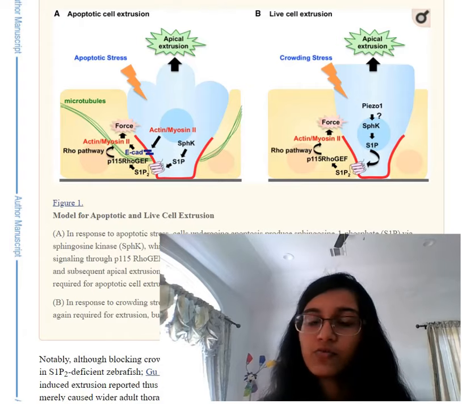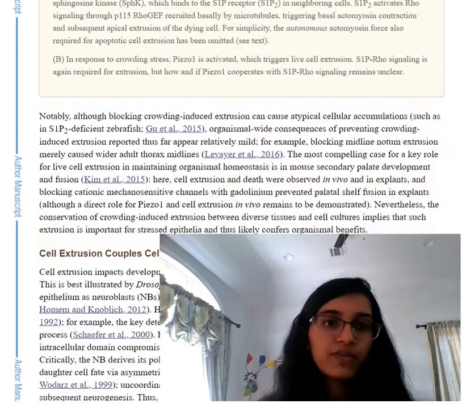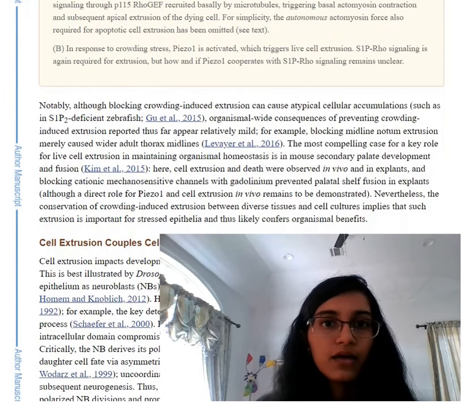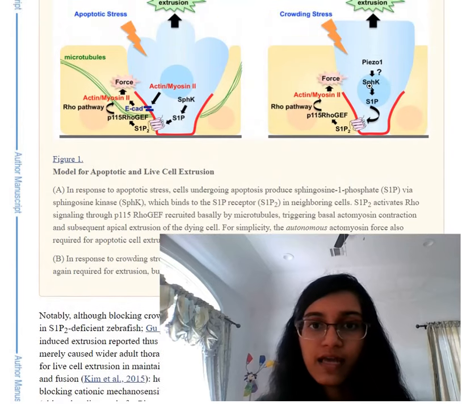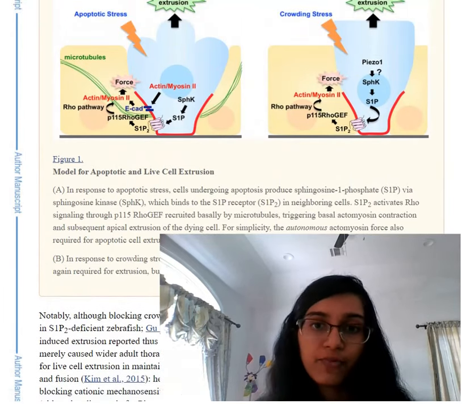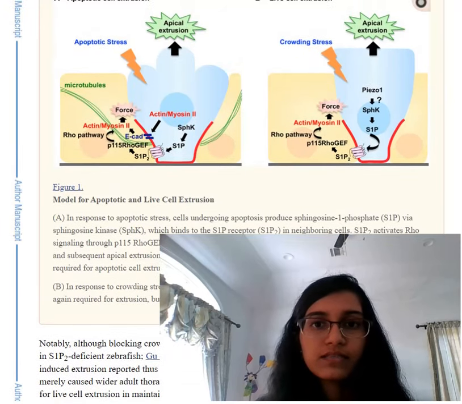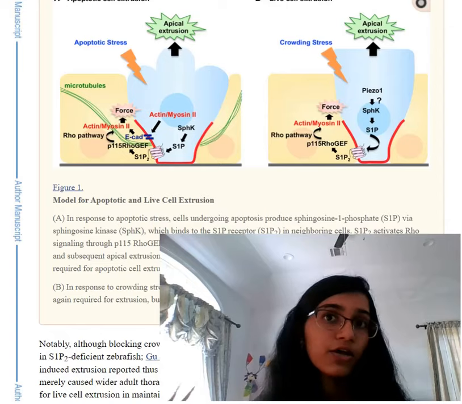What is the function of piezo1? Shown by the caption, we do know that piezo1 triggers live cell extrusion and basically triggers SPHK and the S1P Rho pathway. But the exact mechanism through which this occurs is not yet known.